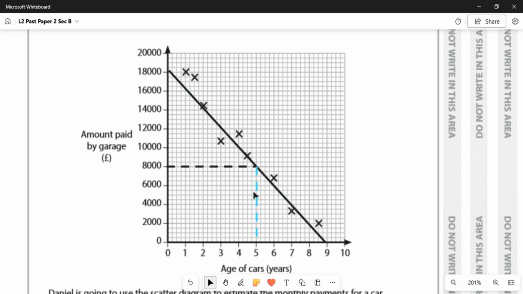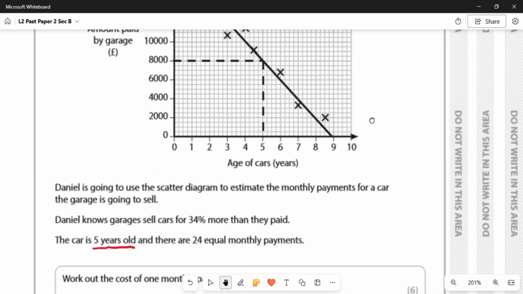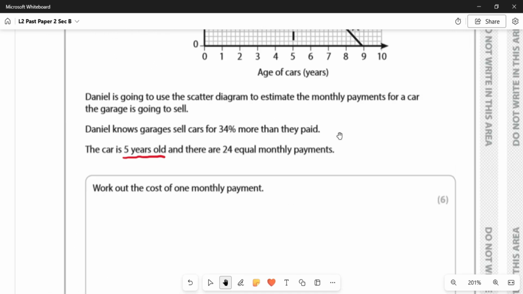So you do have to show dotted lines as well. Obviously you guys use your pencil and ruler. So therefore, my paid price is £8,000. You get 1 mark just for showing that.